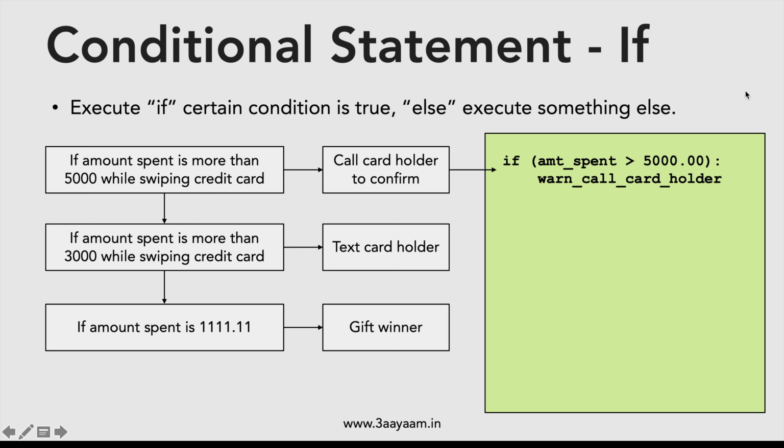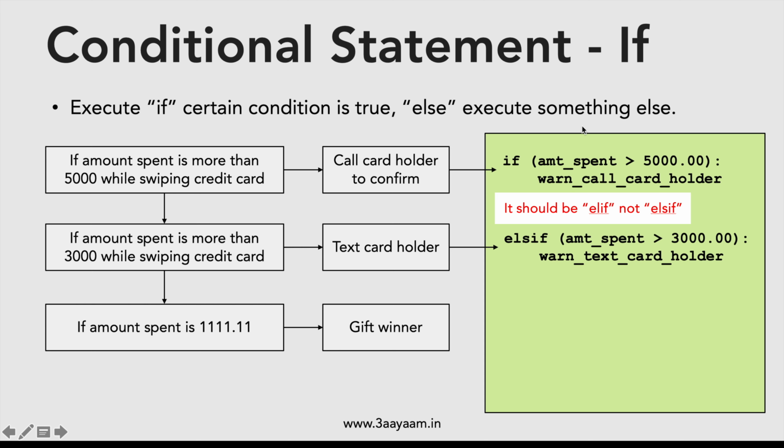The next condition is if the amount spent is more than 3,000, then text the cardholder. So I'll need to have another if condition, but this if condition should be executed if this is not true. So it should be an else condition, and along with else there should be another if. That's why we can use this else if statement.